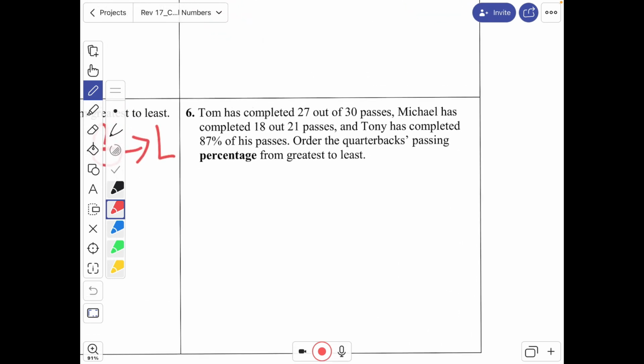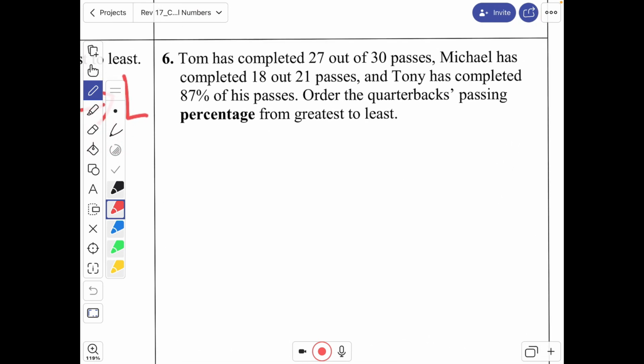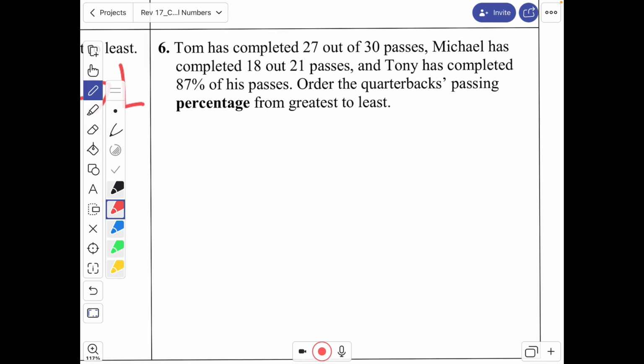Okay, let's look at number 6. Tom has completed 27 out of 30 passes. Michael has completed 18 out of 21 passes. Tony has completed 87% of his passes. Order the quarterback's passing percentages from greatest to least. So we're supposed to change them all to percents and put them in order.